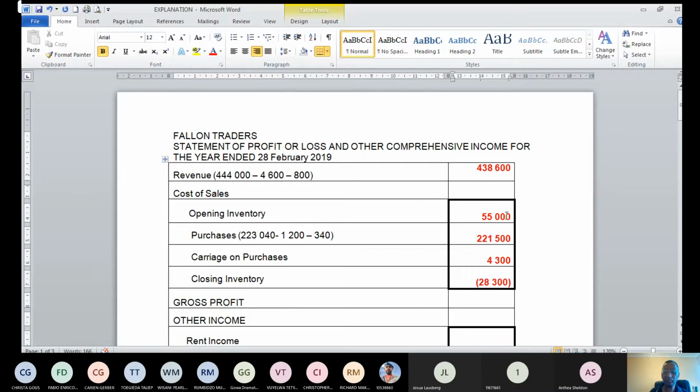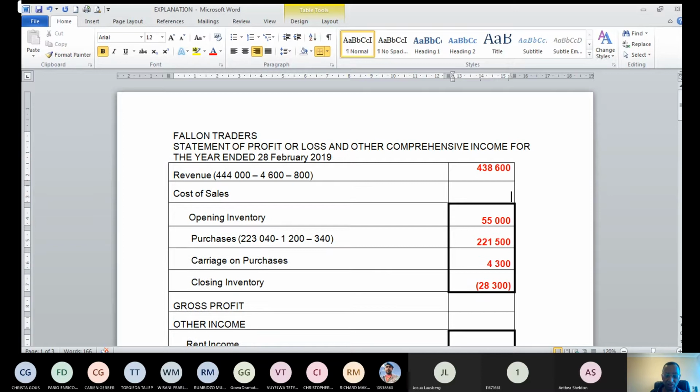And that is your cost of sales calculation. Opening inventory plus purchases plus carriage on purchases minus your closing inventory is going to give you a cost of sales figure in brackets of 252,500 Rand.